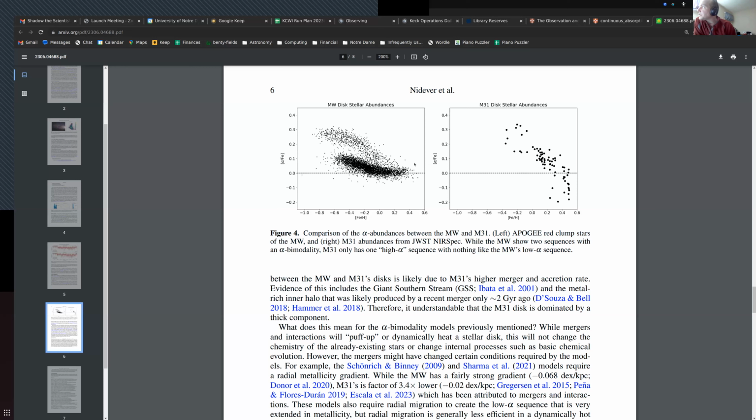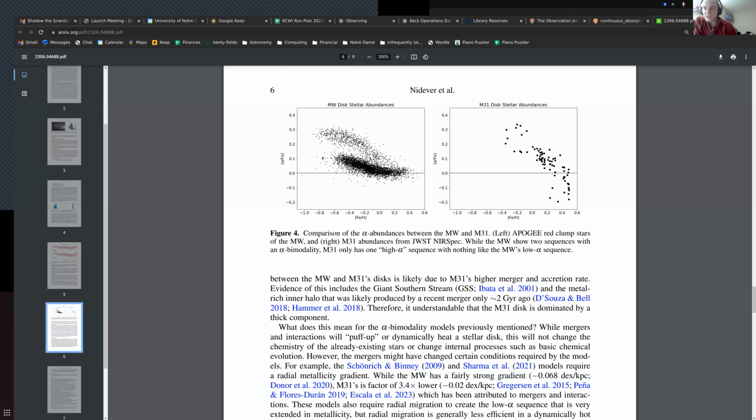But what we found in Andromeda is that the low alpha sequence is missing. And that tells us something about the formation of the stars in Andromeda. In particular, we believe that this low alpha sequence in the Milky Way was caused because the Milky Way was just sort of slowly plodding along at forming stars.